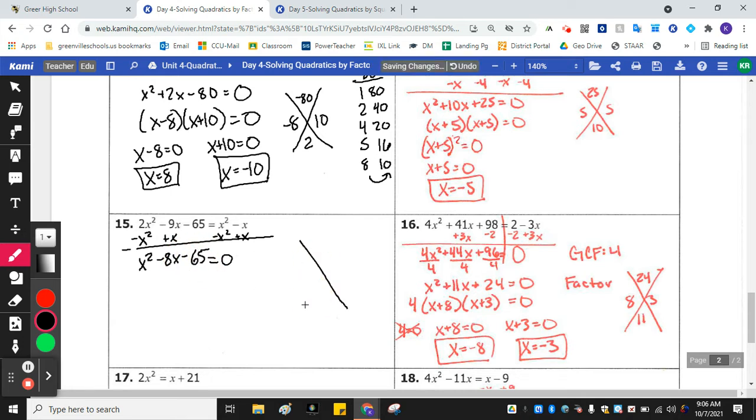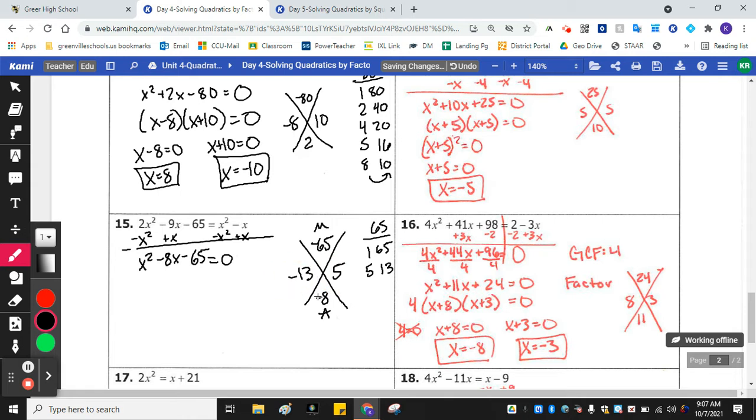A is 1. There's not a greatest common factor, so one multiplies to negative 65 and adds to negative 8. I don't know. 1 and 65. 2, no. 3, no. 4, no. 5 and 13. So 13 and 5, or 5 and 13.